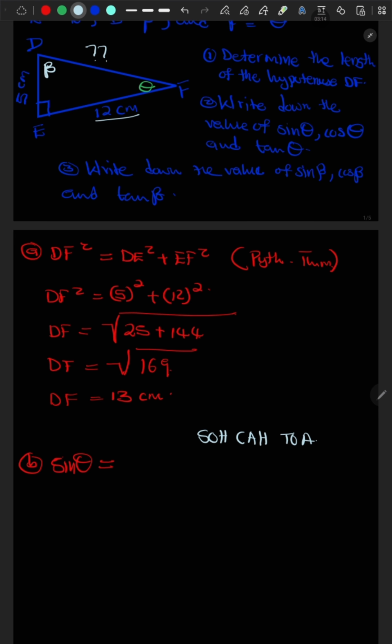We may write it there. Opposite over hypotenuse. Okay. What is opposite to this angle, or what is facing this angle? Which side of the triangle is facing theta, the green angle? Is 5 centimeters. Okay. And then what is the hypotenuse? We've just determined it above, which is 13. You're done. This is your answer.